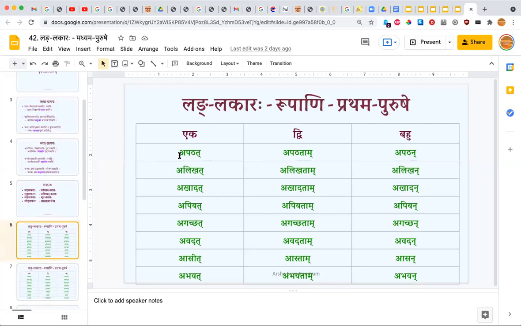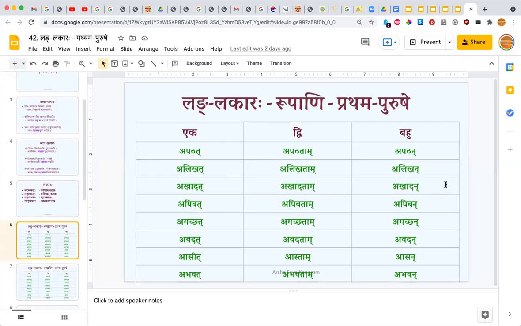So if the dhatu is pat, for example, the lang lakara form is apathat, apathatam, apathan, for likh, alikhat, alikhatam, alikhan, ityadi. So the ekavachana form will end in takara with a halanta, and the dvivachana form will end in tam, and the bahuvachana form will end in nakara, and they all will have the a in front.